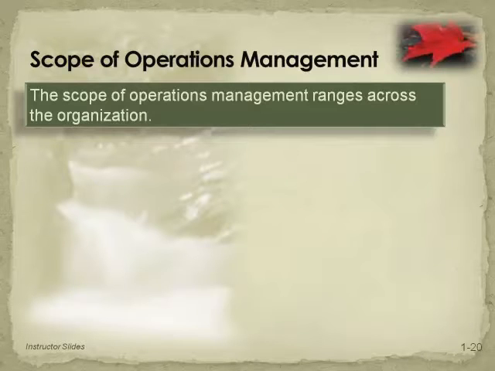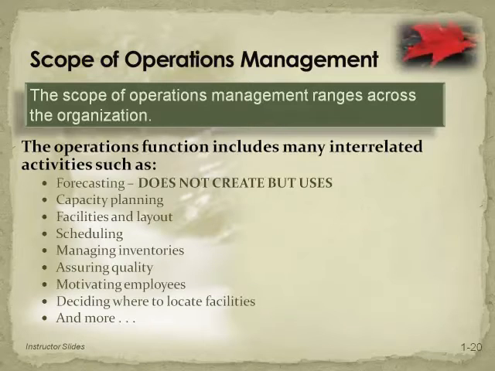So from an operations management point of view, let's take a look at some of the things they are responsible for. Operations management uses the forecast. They do not create the forecast, but they use the forecast. That's very important.